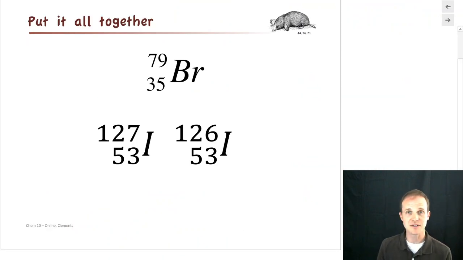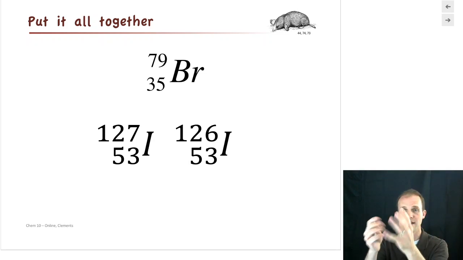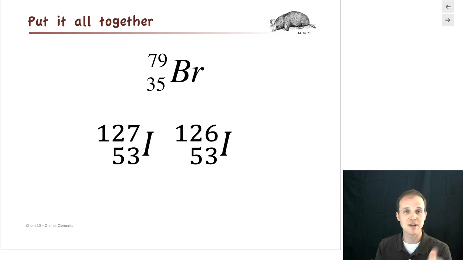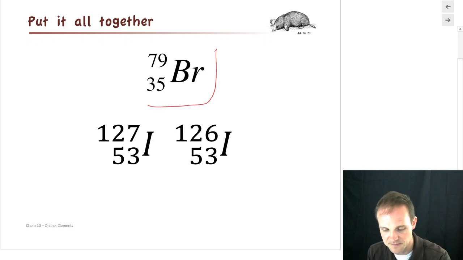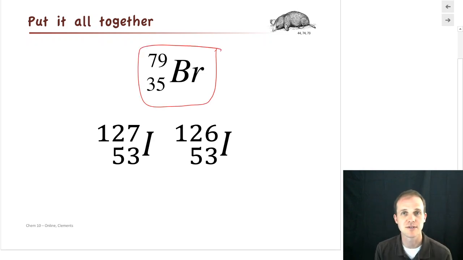Because it turns out that most elements on the periodic table don't just have one type of atom. They have several. They all have the same number of protons, right? Because we wouldn't have bromine if we didn't have 35 protons. But there are different ways of making bromine with different numbers of neutrons. So let's do a quick example. In this top one, how many neutrons would I have? 35? 79?